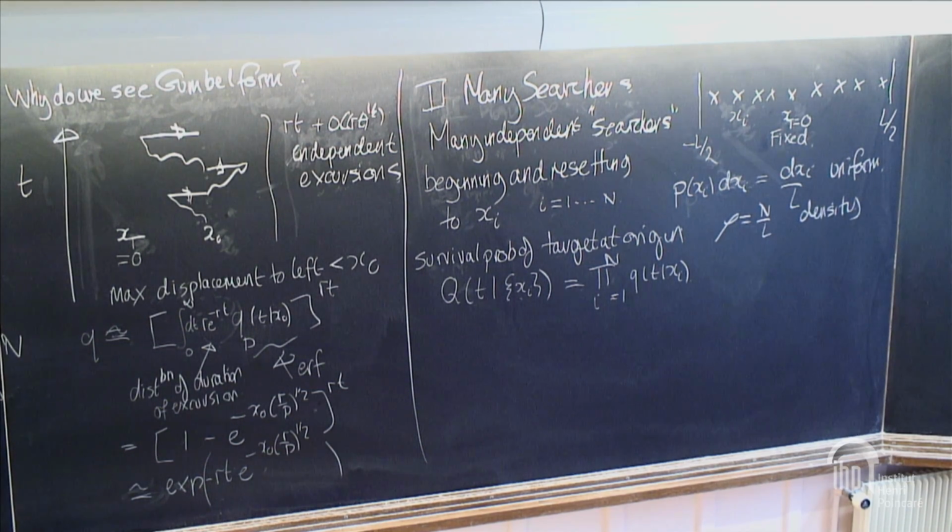So it's fixed, but itself has a probability distribution. The idea is that whenever a searcher touches the target, it dies. That's what I mean by the survival of the target: no searcher has found it yet, but it's fixed.